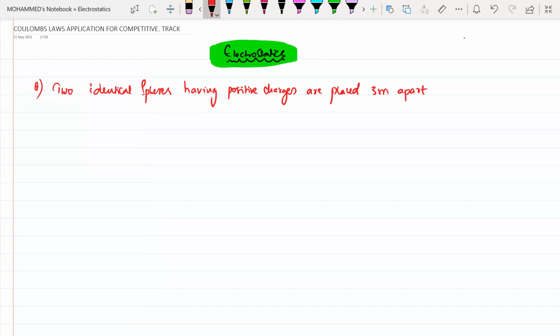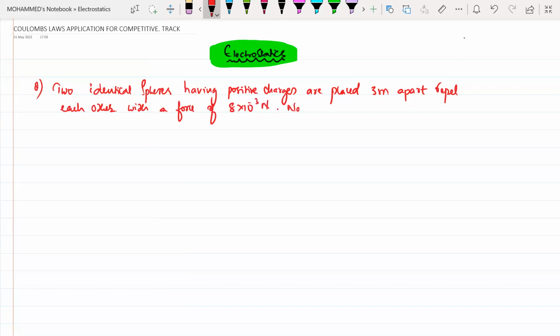They repel each other with a force of 8 into 10 to the power of minus 3 Newton.